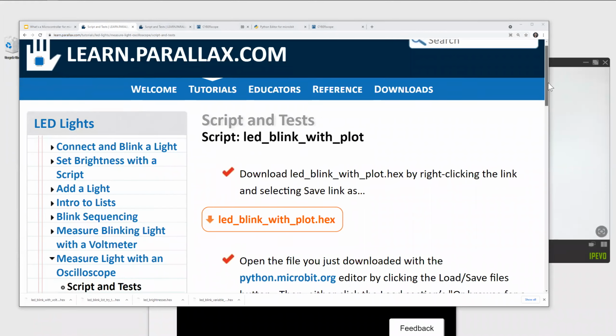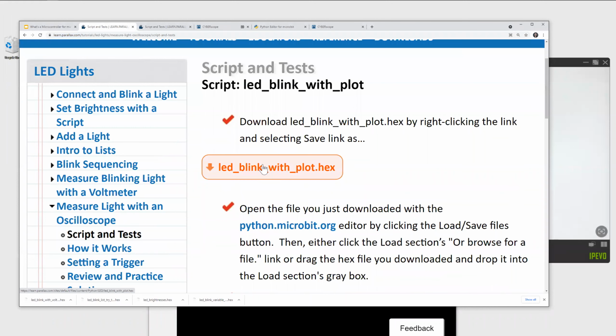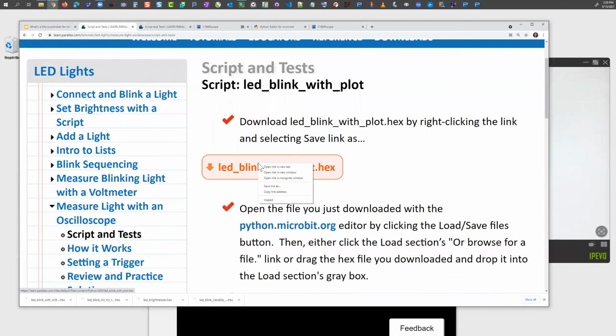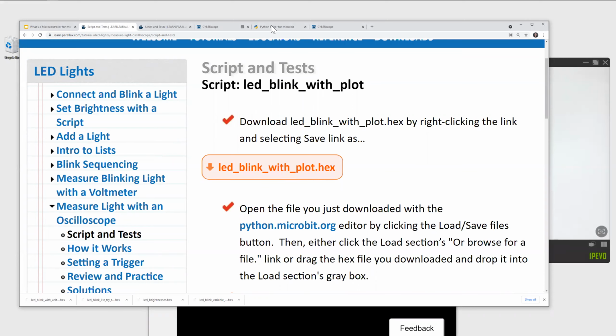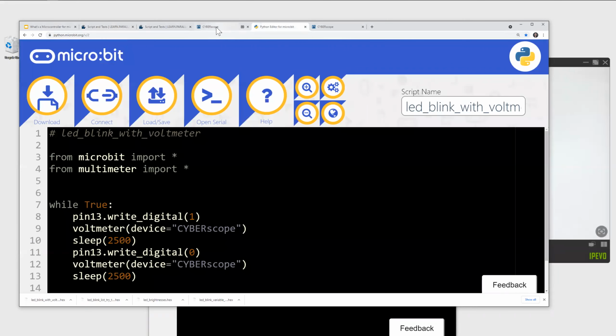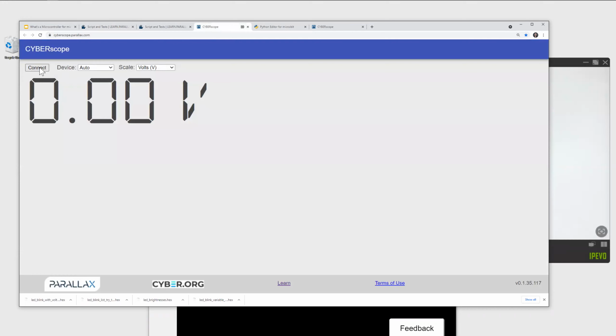Okay, so there we go. Now what you're going to do is, first of all, disconnect the cyberscope. Make sure to always only have one thing connected at a time.